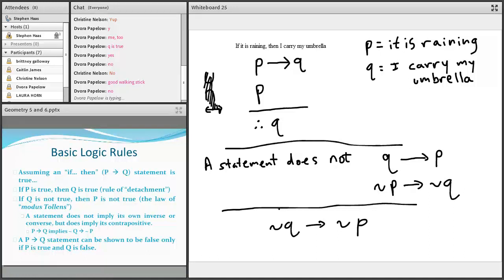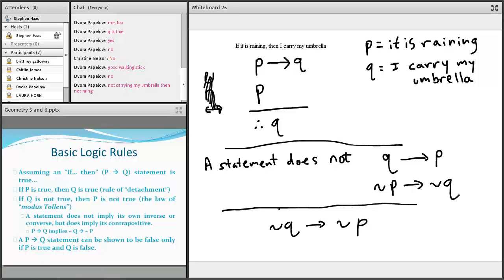Not Q, then not P. Let's write down the contrapositive of my first statement down here. The contrapositive of my statement is, if I do not carry my umbrella, then it is not raining.